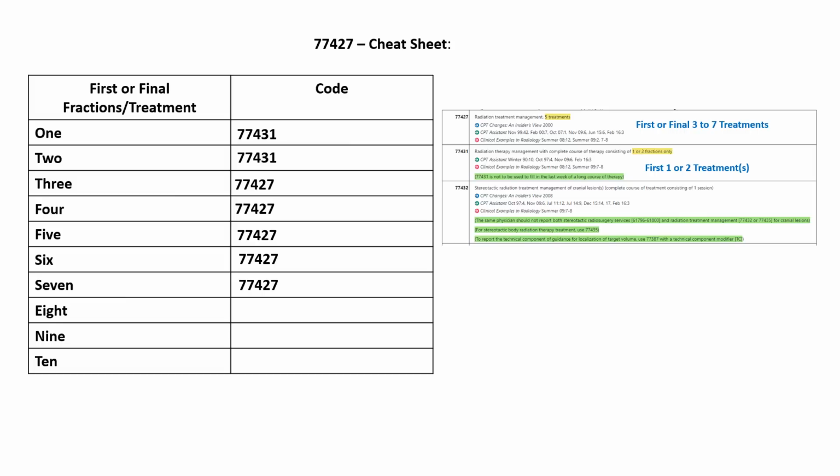Well, you would code it like this. 1 unit of 77427 for the first 5, and for the 3 remaining, look, here's 3. You would code another unit of 77427. So that would be 2 units. What if it was 9? Same thing. And 10, that's obvious because that's 2 units of 5.